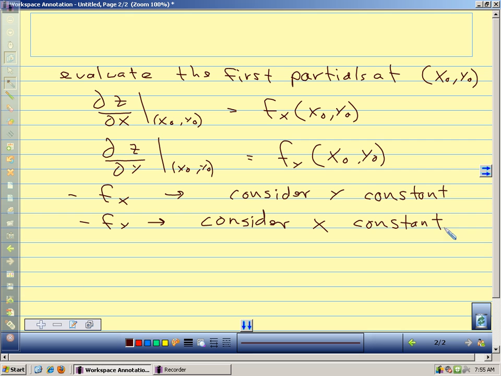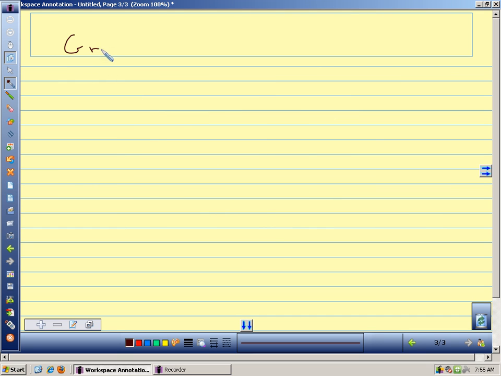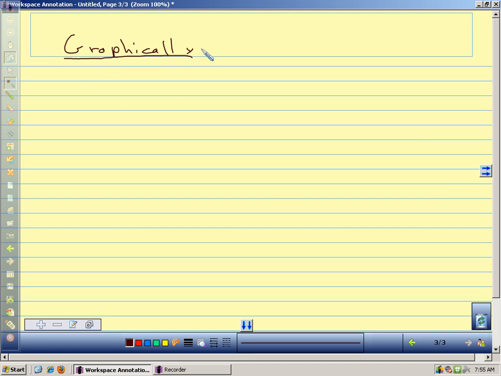So let's take a look at what this means graphically, just so we have a visual idea of what we're talking about here. Is everybody good with this? So graphically, here's our coordinate system.